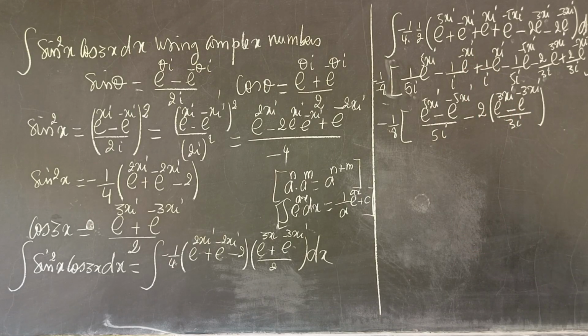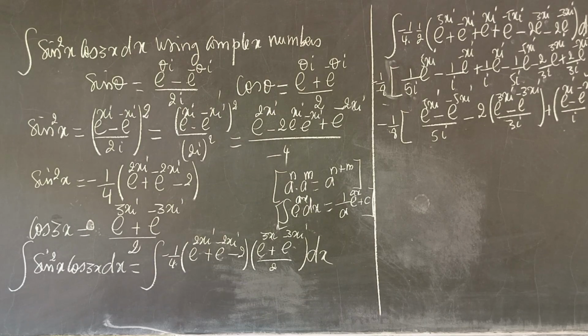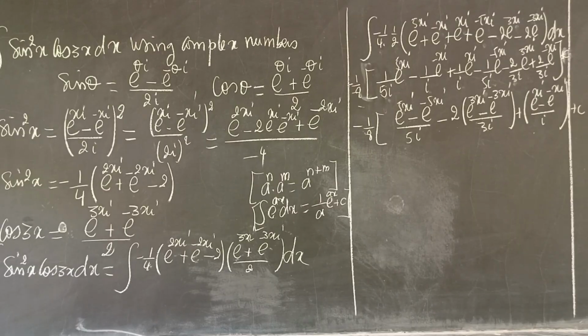Let's start with positive. Plus, we have exponential of xi minus exponential of minus xi over i. Then add the constant. We'll be adding a constant c. Hope that is clear.